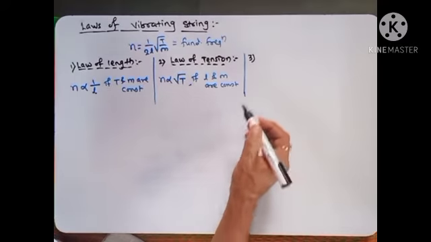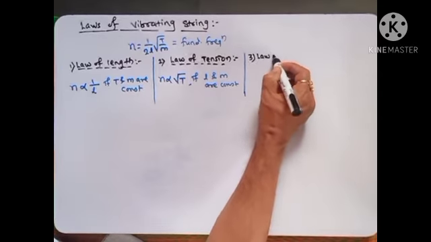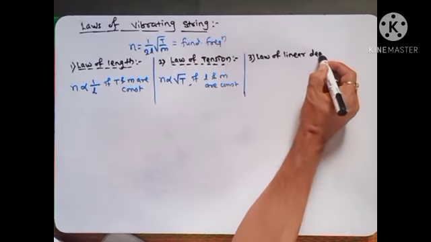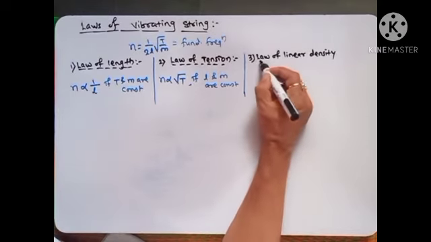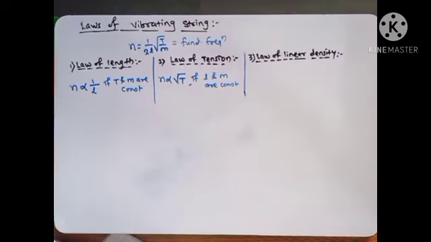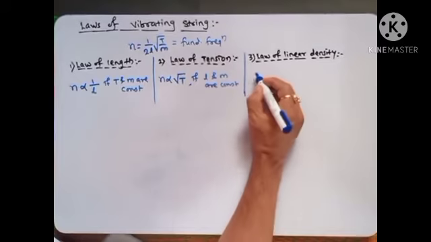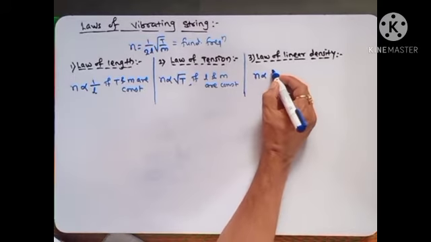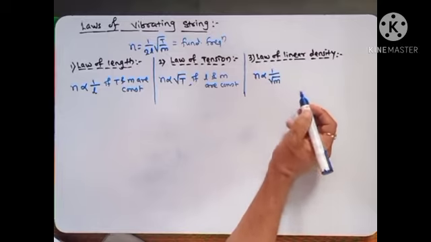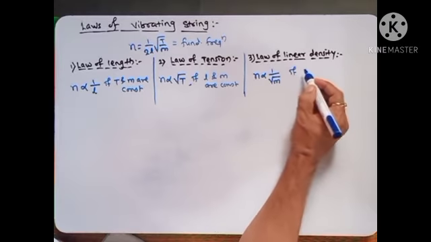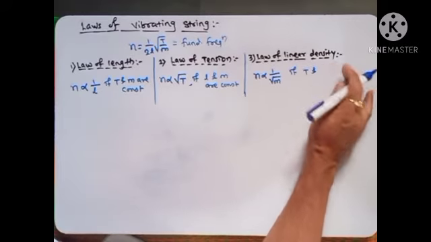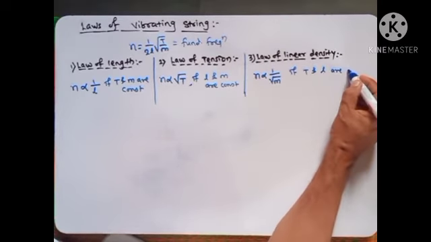Now we consider the third law, the law of linear density. See here, N is inversely proportional to the square root of mass per unit length if T and L are constant.